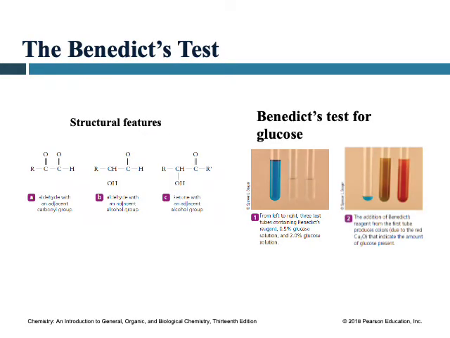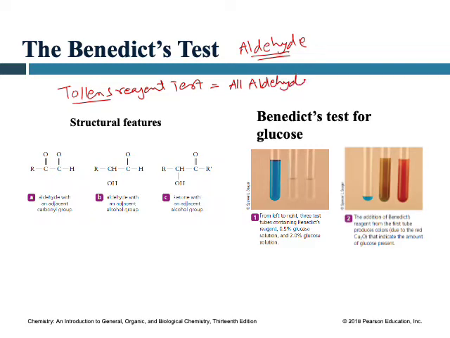So like I said, ketone cannot give a reaction with Tollens reagent or Benedict reagent test, but there is some special characteristic of aldehyde. So remember this: the Tollens reagent test is given by all aldehydes, right?